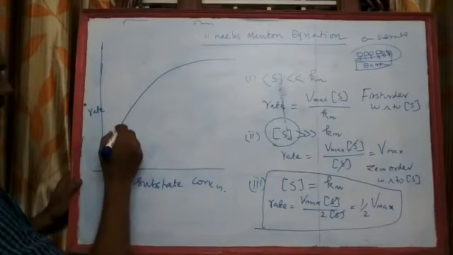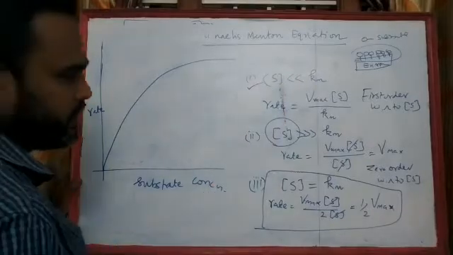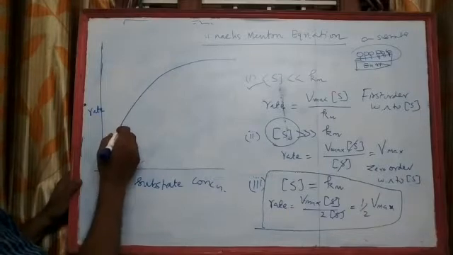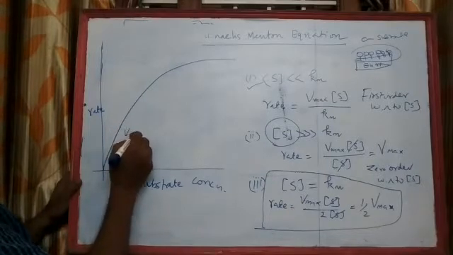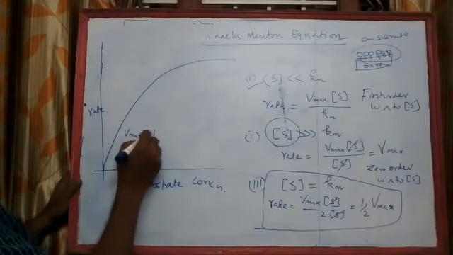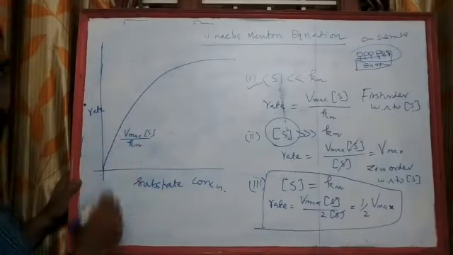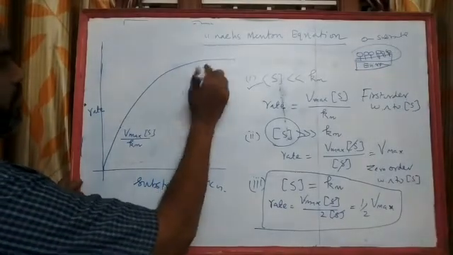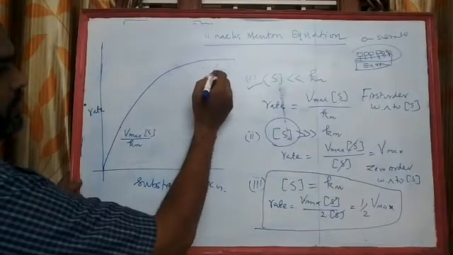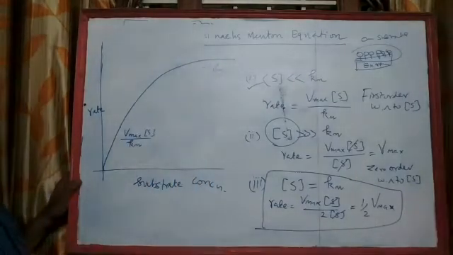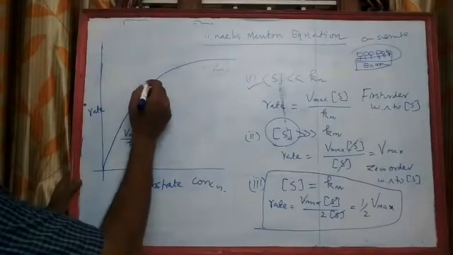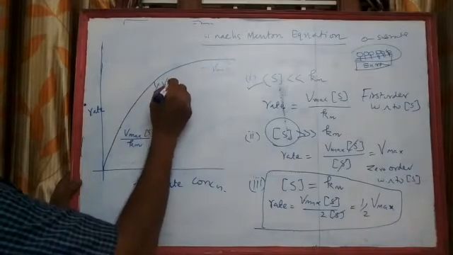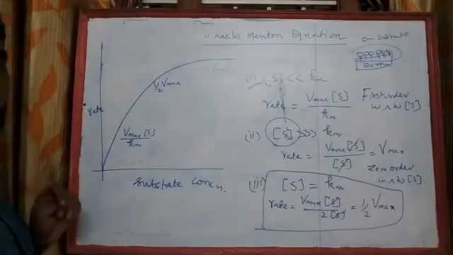At low substrate concentration, this is the first case, the reaction is first order with respect to S, and the rate is Vmax into concentration of S divided by Km. At high substrate concentration, the rate is equal to Vmax. When S is equal to Km, the reaction becomes half Vmax.